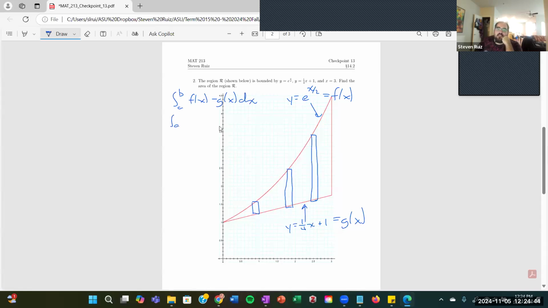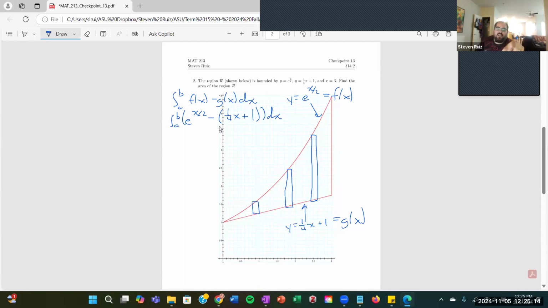So what is f of x? That is e to the x over 2. What is g of x? One thing I want to be really careful of here is to make sure you put 1/4 x plus 1 in parentheses. I am almost sure I'm going to get some people who, when they integrate, leave this plus 1 as a plus 1, and really it should be subtracted off.